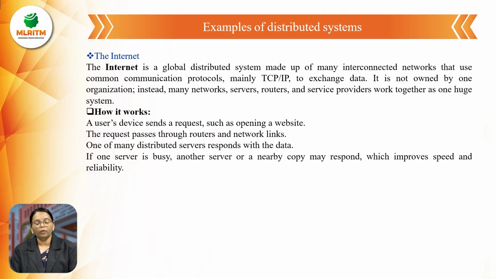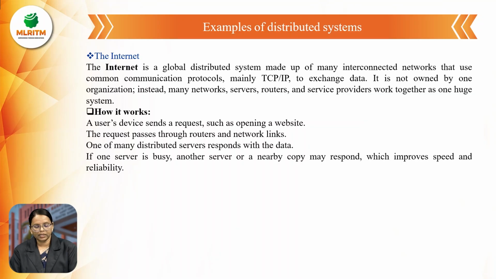So, how does it work? A user's device sends a request, such as opening a website. The request passes through routers and network links. One of many distributed servers responds with the data.